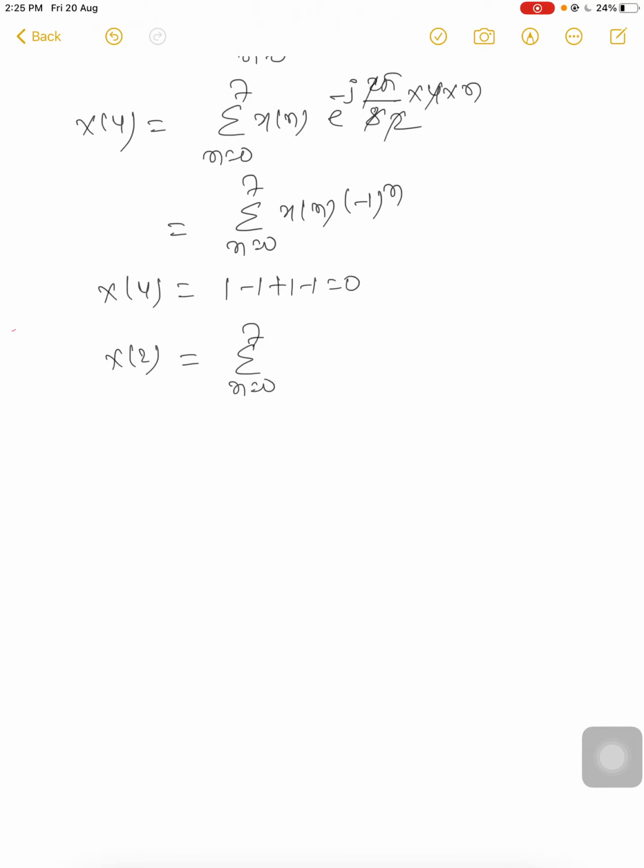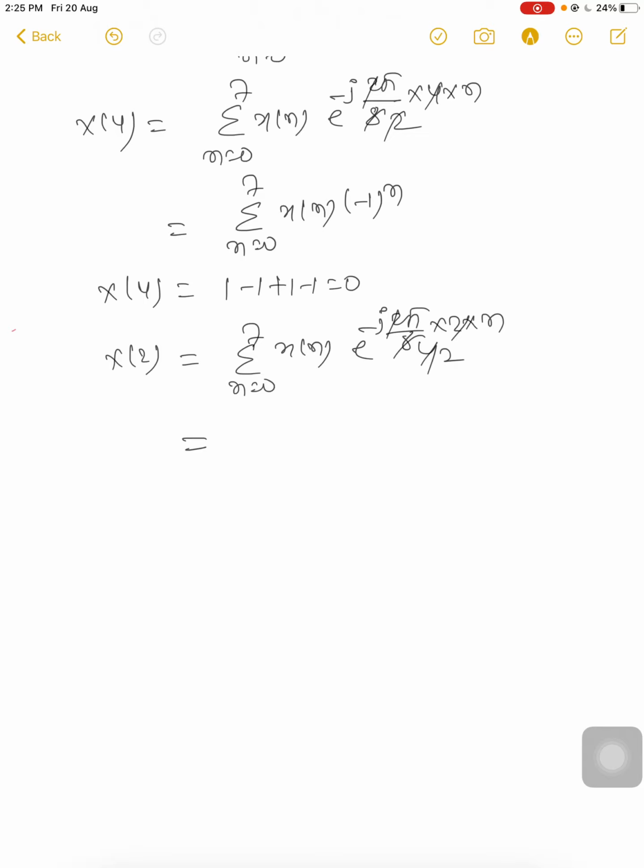And X2 will be the summation of n equal to 0 to 7 of x[n] e to the power minus j 2 pi by 8 into 2 into n.